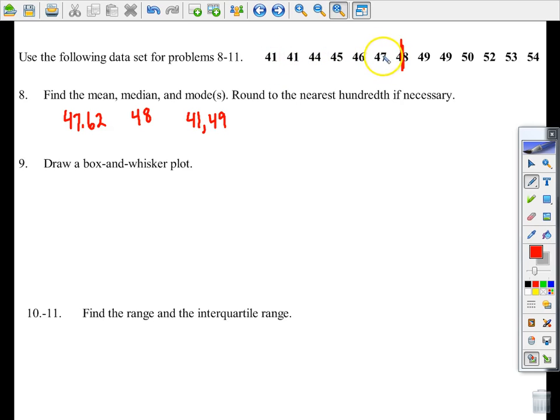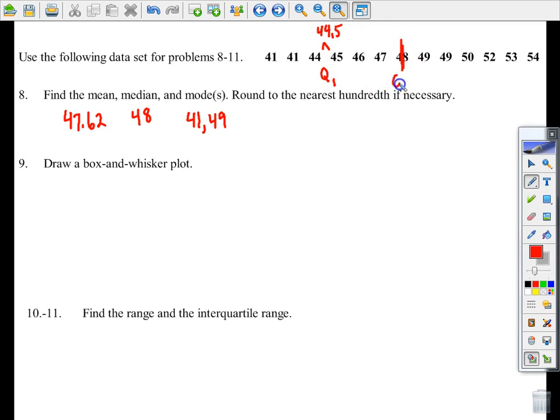So I have a group of 6 on the left side of 48, and I've also got a group of 6 on the right. So this middle number for the left group of 6, which would be 44.5, that's called Q1.